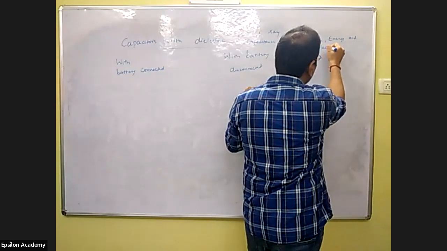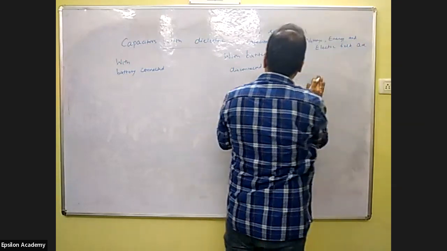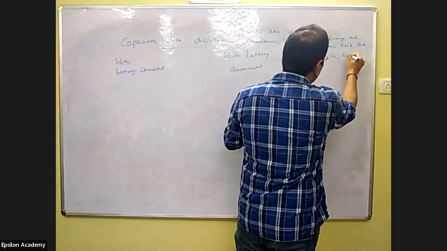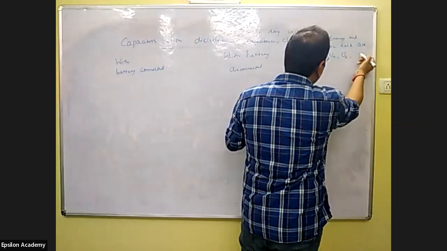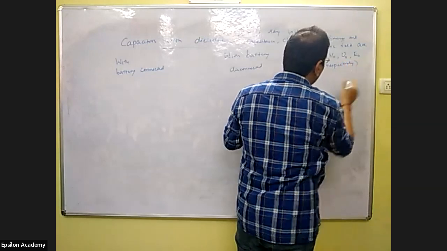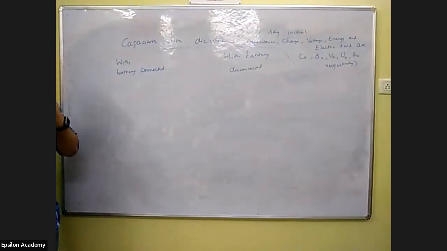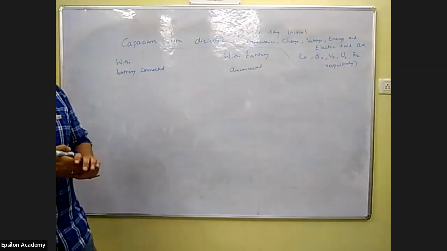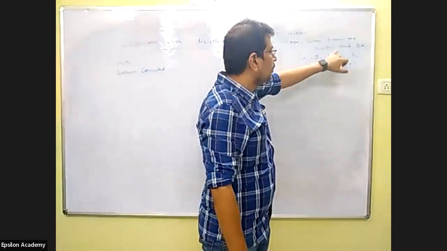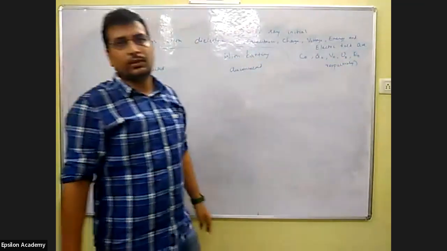Electric field. They are C naught, Q naught, V naught, U naught, and E naught, respectively. Okay, this is the first point to be noted. Make a note of this. So what I'm trying to say is, even before you inserted the dielectric in between the plates of the capacitor, let's say the initial values of capacitance, charge, voltage, energy, and electric field are C naught, Q naught, V naught, U naught, E naught, respectively.